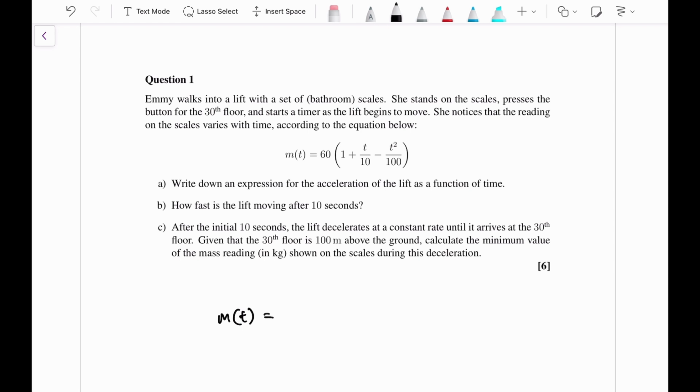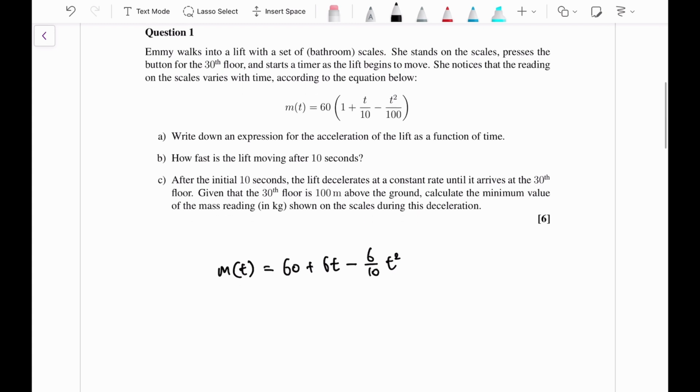So m(t) is equal to, let's multiply out the bracket first. So this will be 60 minus 6 over 10 t squared. Now, there is actually one thing that we can derive. If t is equal to 0, this means that the lift is at rest, because the lift is obviously accelerating from rest in this case.